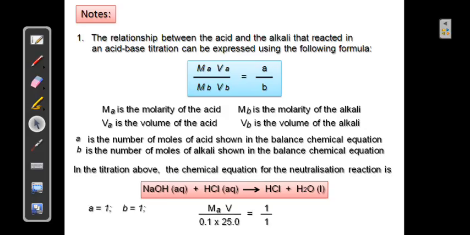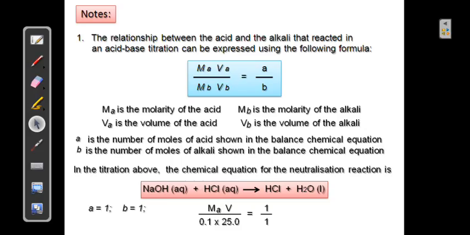That is the number of moles. A, number of moles of acid is 1. B, number of moles of alkali is 1. Therefore, MA times V divided by 0.1 times 25.0 is equal to 1 over 1. So here the ratio is 1 over 1. So that's what the whole thing is all about.